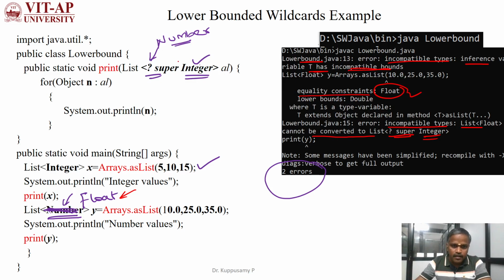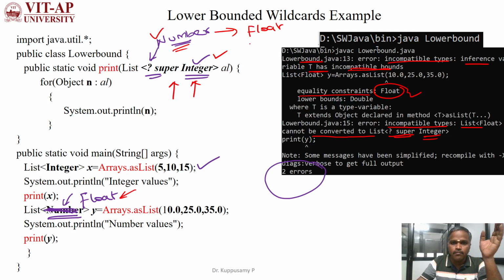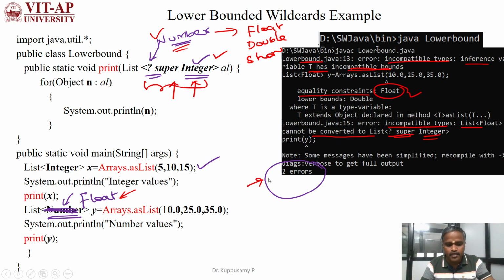So here it will use only Number's features and Integer's features. The restriction is that only the methods of Number and methods of Integer can be used. It cannot use other subclasses like float, double, short, long. These cannot be used with this lower bound representation. That's why we got an error at this moment.